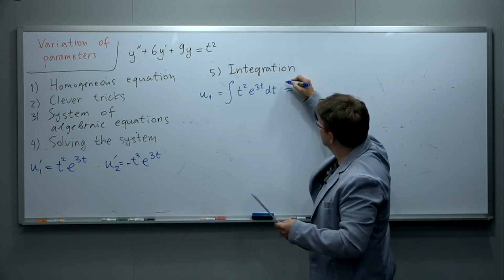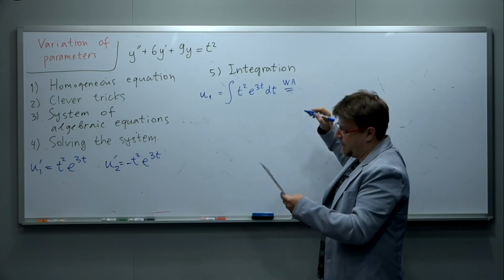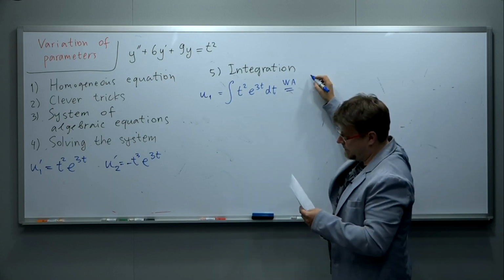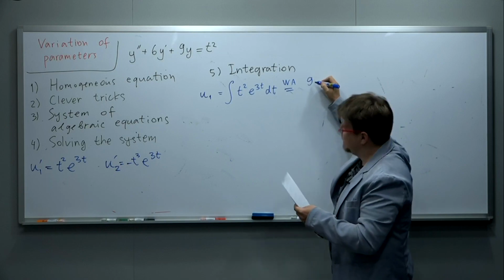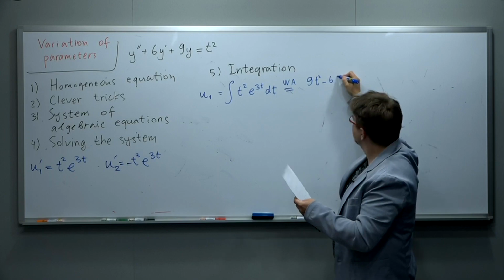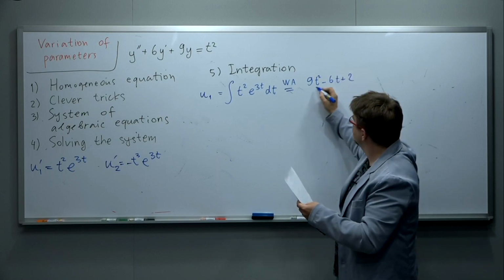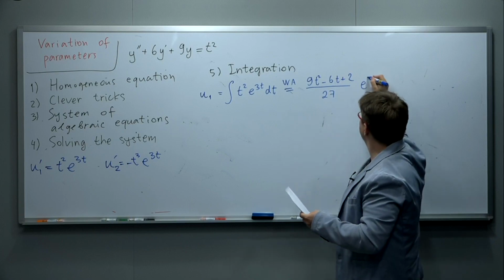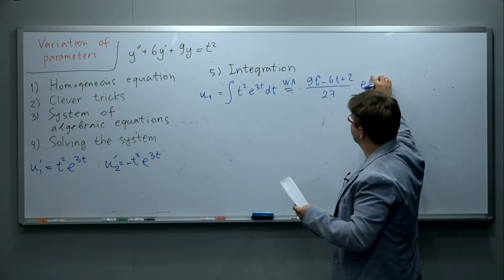So this is going to be done by Wolfram Alpha, and I'll just give you the final answer. The final answer is 9t squared minus 6t plus 2 over 27 e to the 3t.